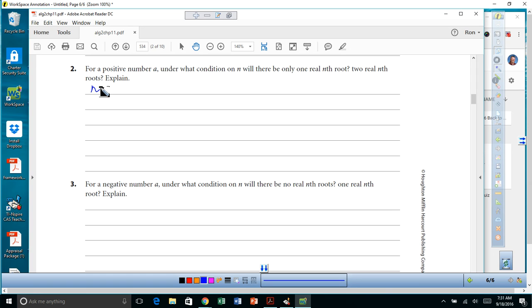Well, if n is odd, like 3, 5, 7, and so on, you'll only get one real root. So if n is odd, the cube root of 27 is 3. The fifth root of 32 is 2. So that's how we get one.